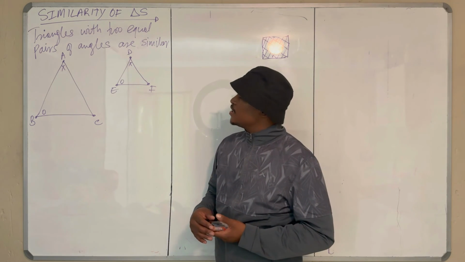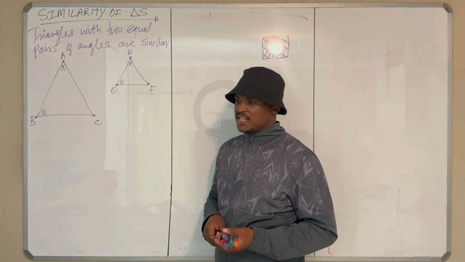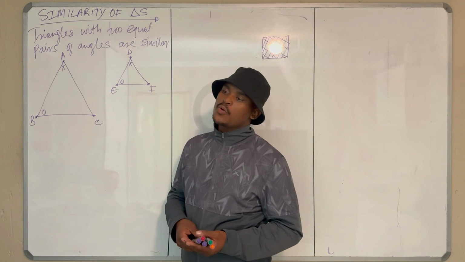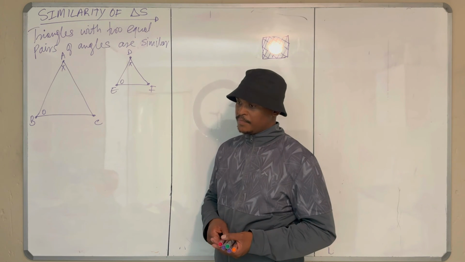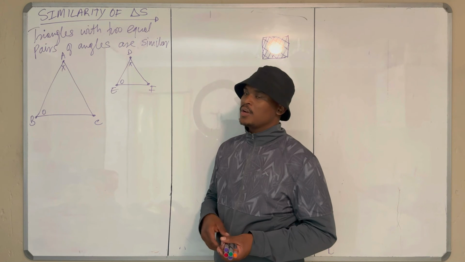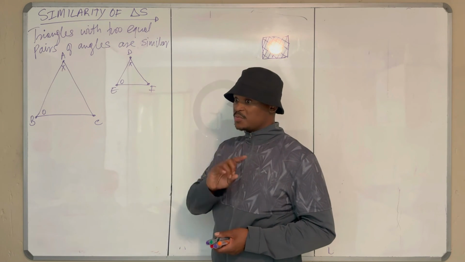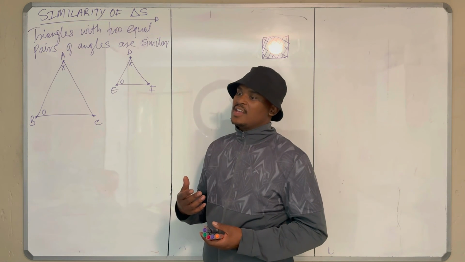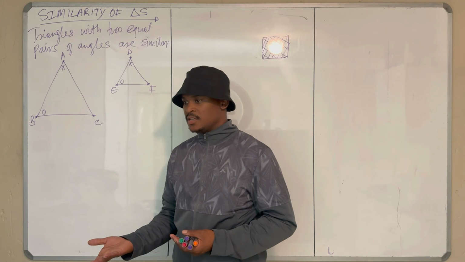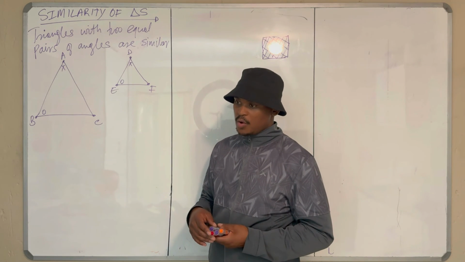So this is an addition to the previous theorem, right? In the previous theorem we said equiangular triangles are similar. Are you following that? Yes. So we said that if you are given two triangles and all the corresponding angles of those two triangles are equal, then the sides will be in proportion, or the ratios of the corresponding sides are going to be equal.